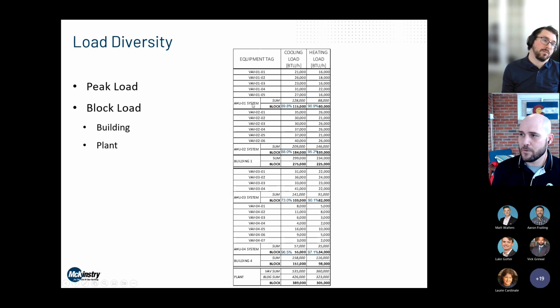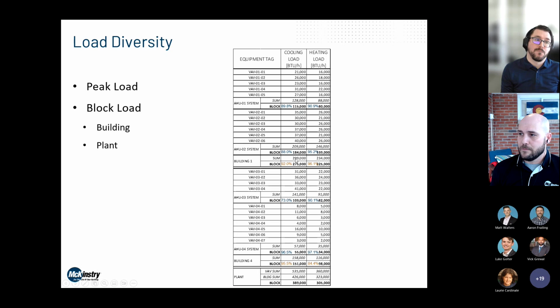So if we've got two air handlers in, say, this building one, you add up the two block loads, that comes to 299. Well, again, the sun can't shine and all the people can't be in all the spaces at once. And maybe the fire code doesn't allow that either. So you end up with sort of a building level diversity.